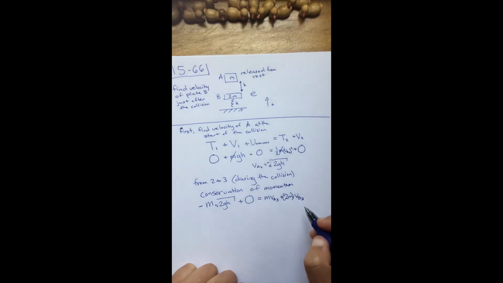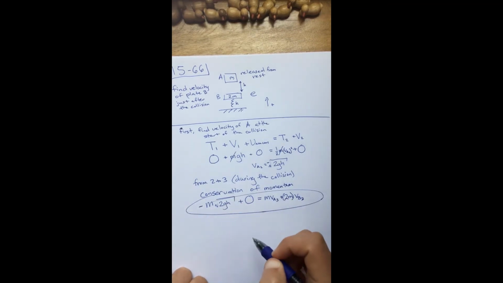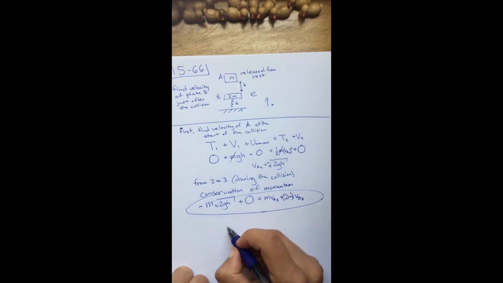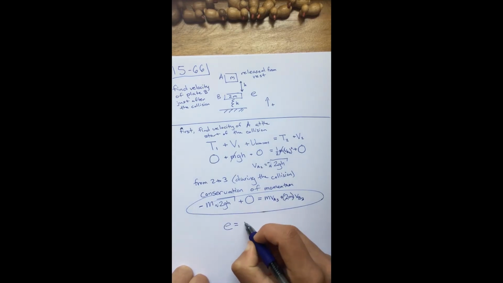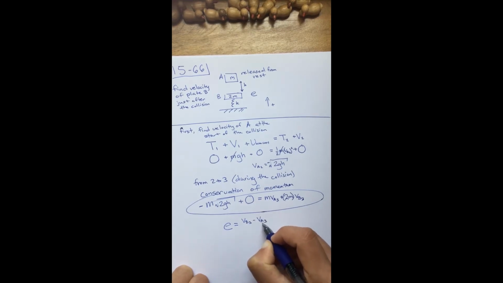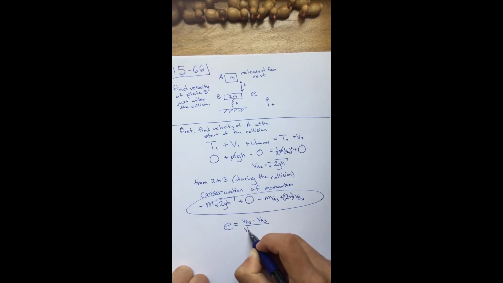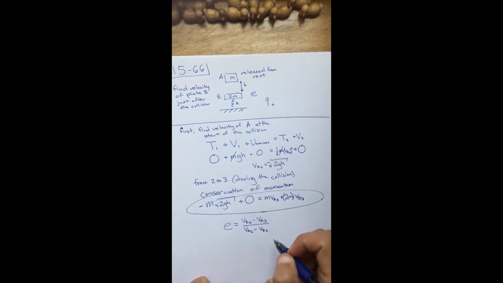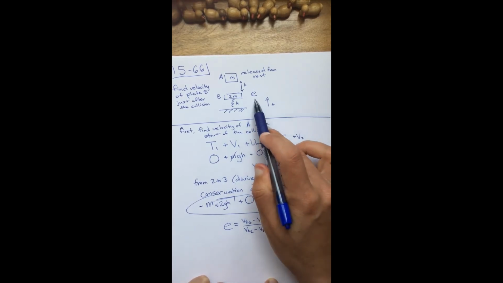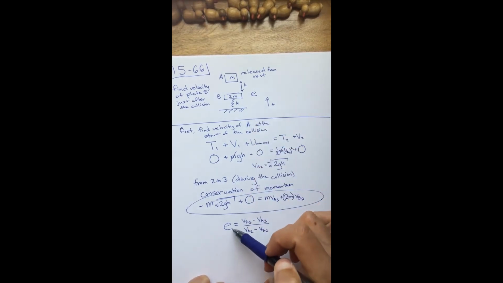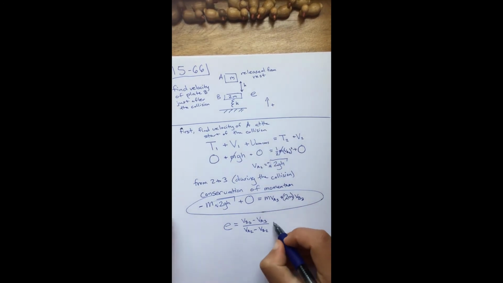Now we have two unknowns in this equation. So we're going to get a second equation by looking at the coefficient of restitution. The coefficient of restitution is VB3 minus VA3 over VA2 minus VB2, where these are the initial velocities and these are the final velocities after the collision. The coefficient of restitution is given to us, that's e. So e is known, and I don't know VB3.